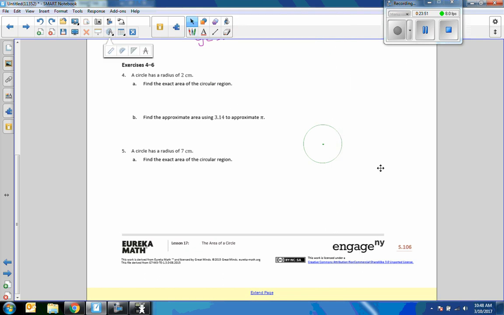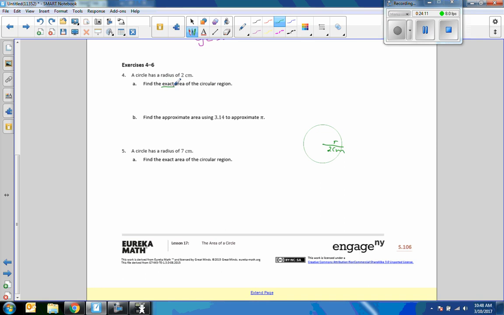This is my radius, and it's 2 centimeters. Area of a circle has a radius of 2 centimeters. Find the exact area of the circular region.